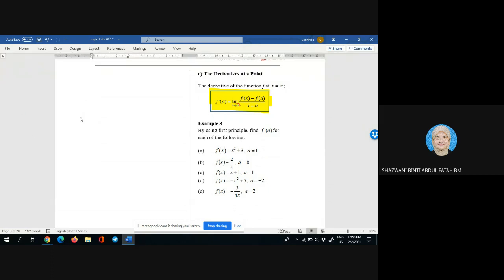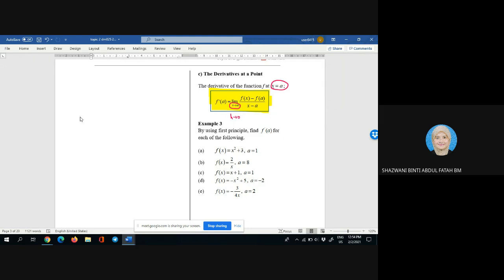Here you have the limit as x approaches a. Before this, for the derivative using the first principle, at the bottom you have h approaches 0. But at a point, when the point x equals a is given, the bottom will change to x approaches a.